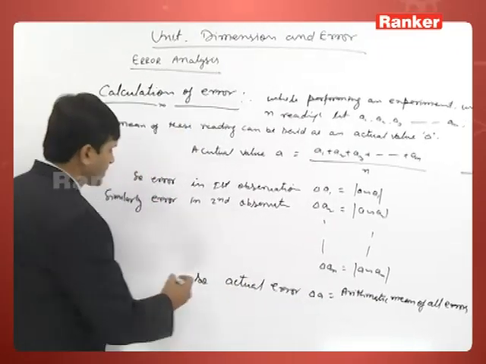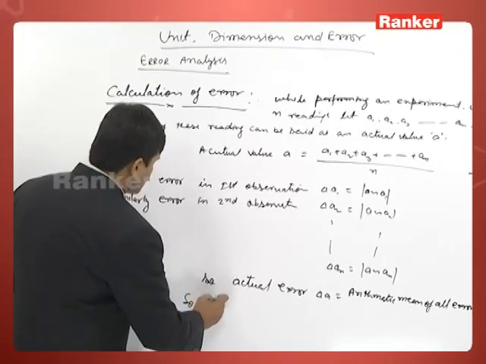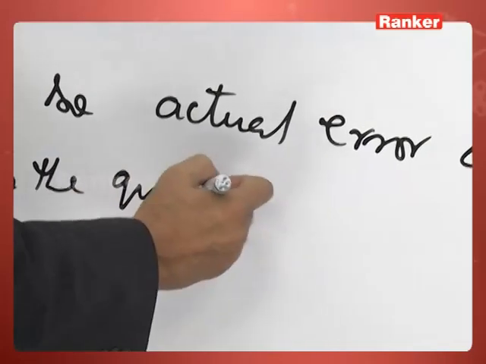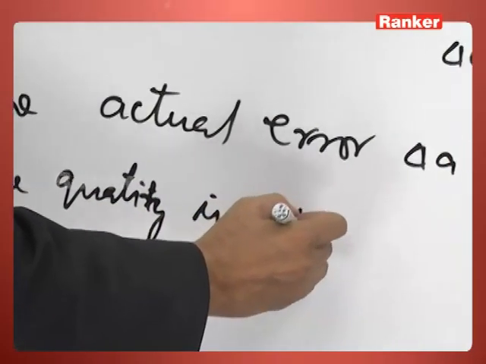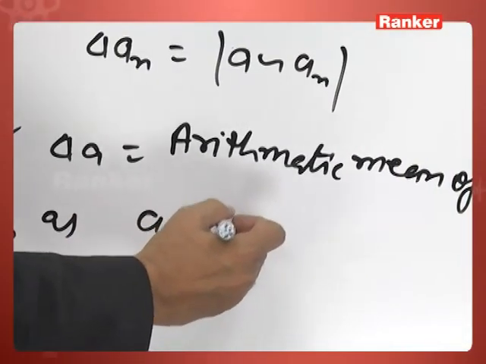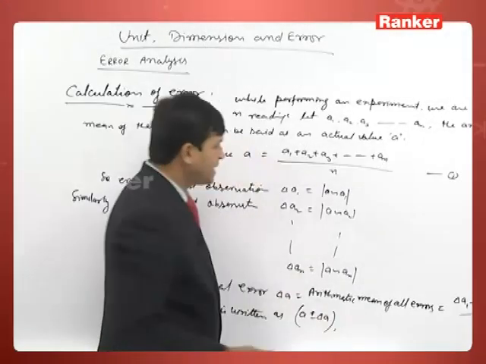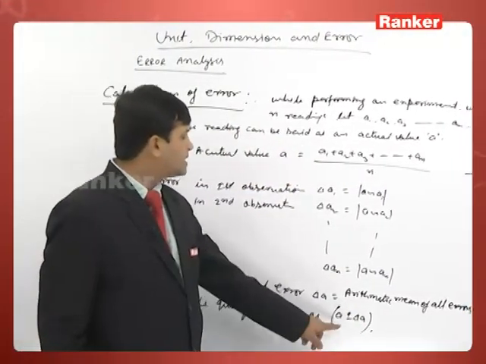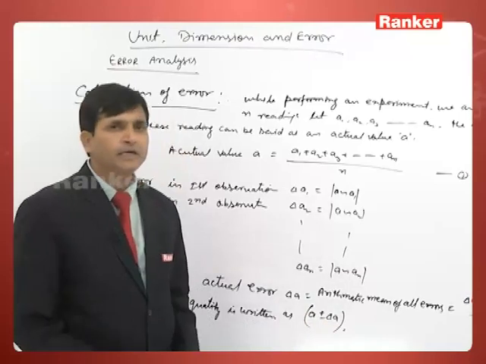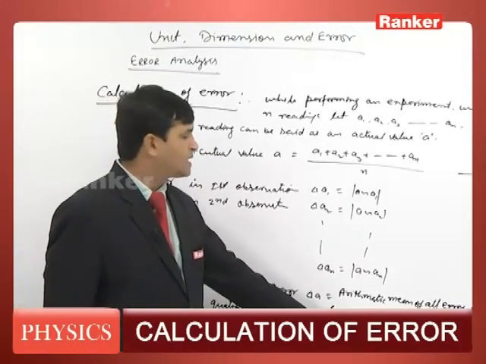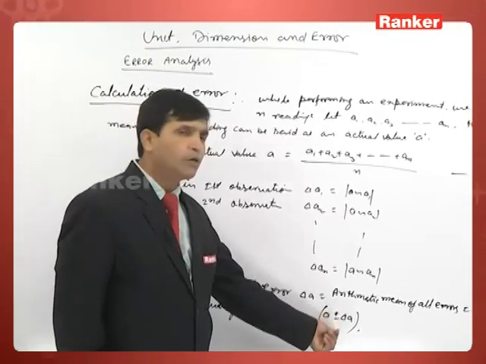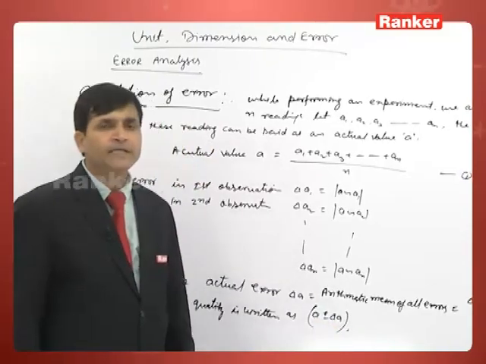So the physical quantity is written as A plus minus delta A. Here A is the actual value, and plus minus delta A means this much error is possible, on the positive side as well as the negative side, meaning the value can be that much more as well as that much less.